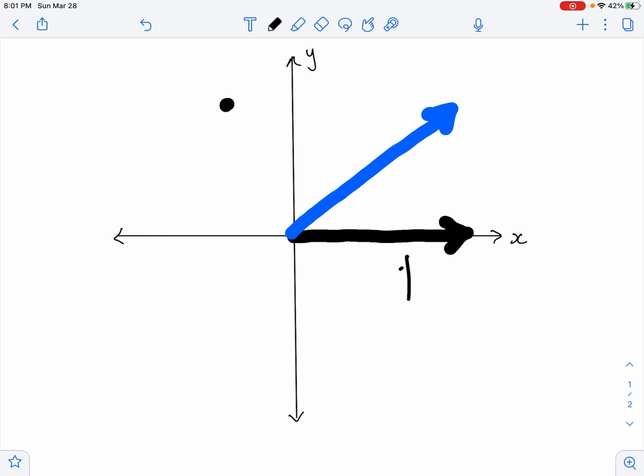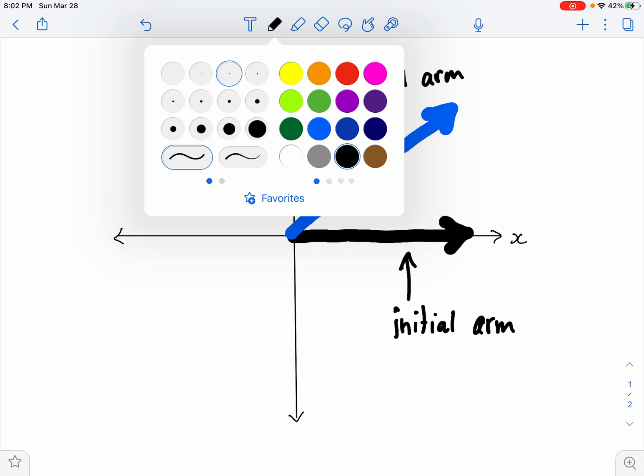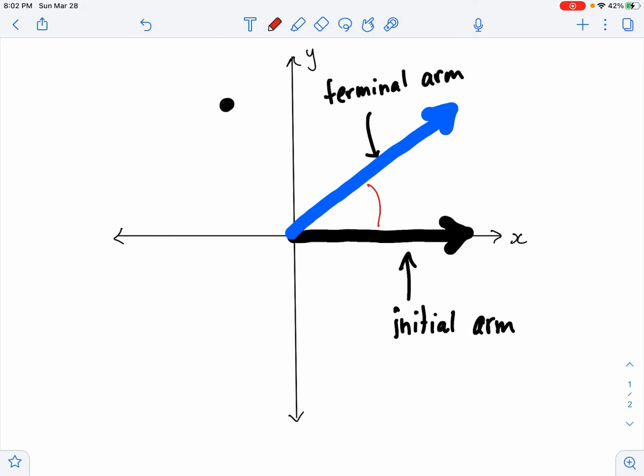Okay, so the initial arm is right there, and the terminal arm is right there, and the angle in between them is theta.